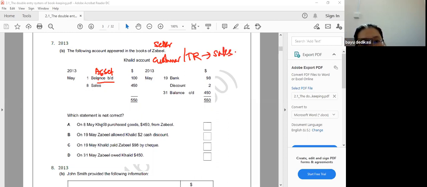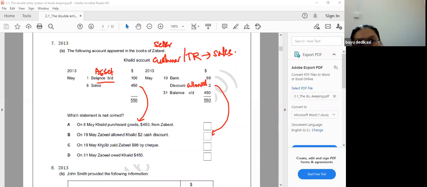On 8th, Khalid purchased goods 450 from Zabi. This entry is sent from Khalid's point of view. On 19th, Zabi allowed Khalid $2 cash discount. So this one is a cash discount allowed. On 19th, Khalid paid Zabi 98 by check.